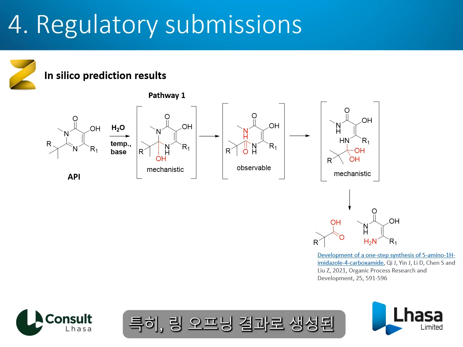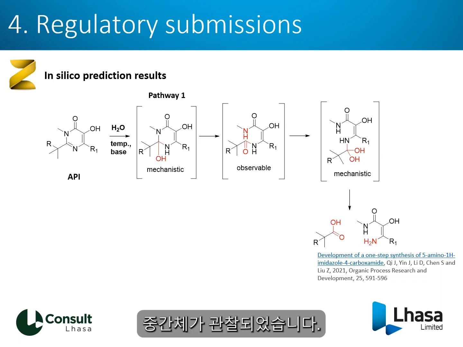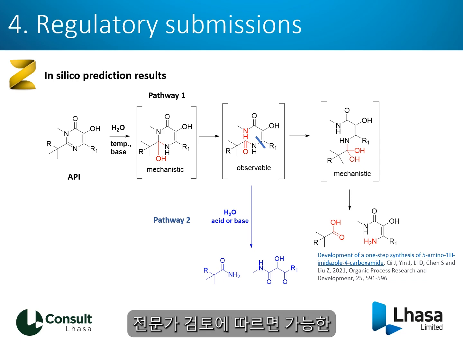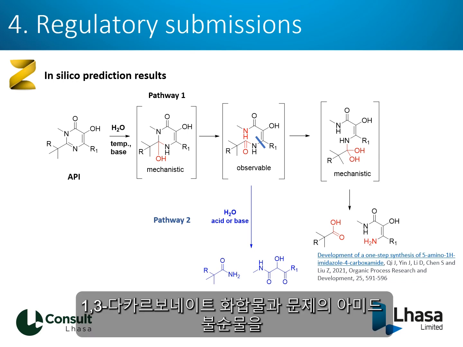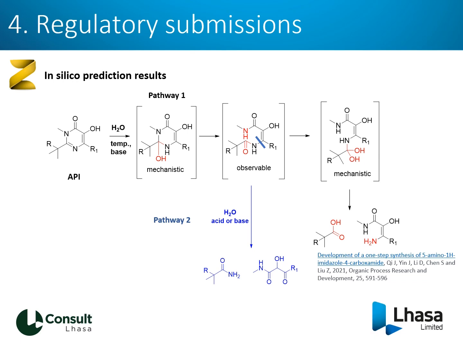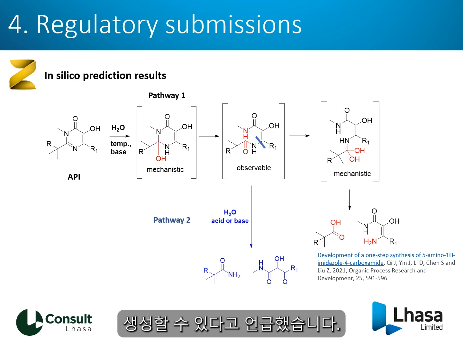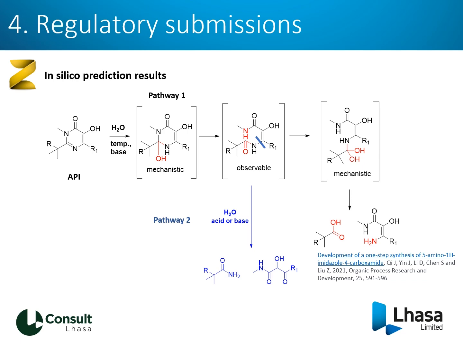Expert review noted that this observable intermediate could degrade via a different hydrolytic pathway to generate a 1,3-dicarbonyl compound and the amide impurity in question. Zeneth describes that this pathway can be catalyzed by base and has been seen in the degradation of mitomycins.